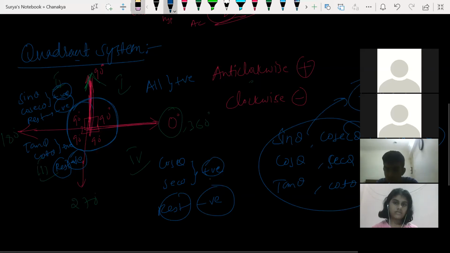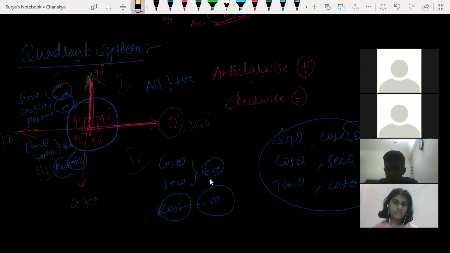If the angle is lying in the first quadrant, all these trigonometric functions will be positive. In the second quadrant, only sine and cosecant will be positive, remaining functions negative. In the third quadrant, tan and cot will be positive, remaining negative. In the fourth quadrant, cos and secant will be positive, remaining negative.